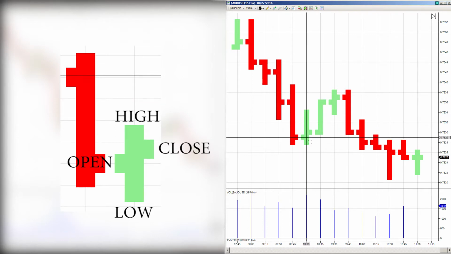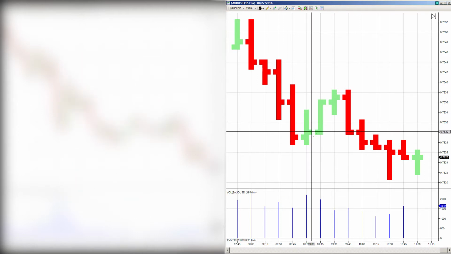Looking at this green bar, its open is on the left-hand side, so it opened here, and within its 15-minute period it made it all the way up to here, same as the candlestick, and all the way down to here. And its close was right here.